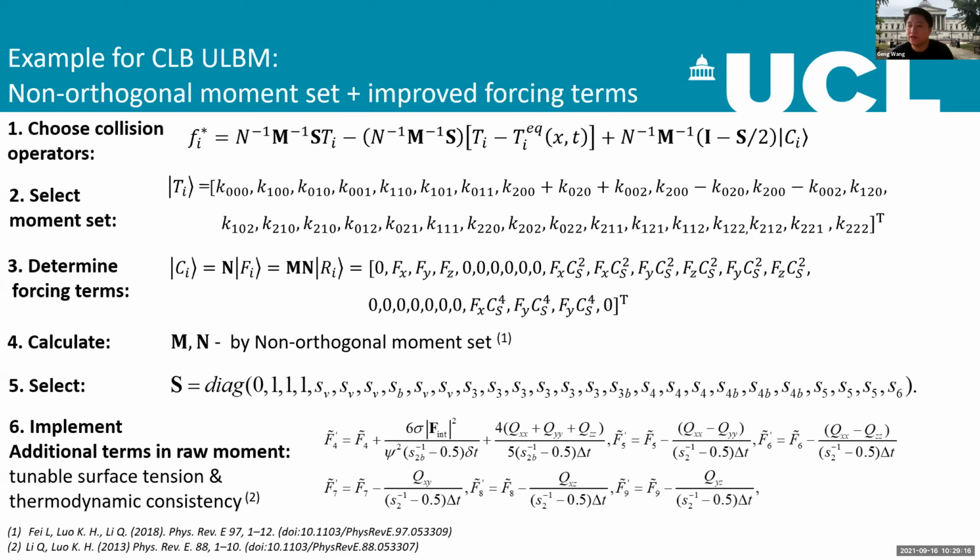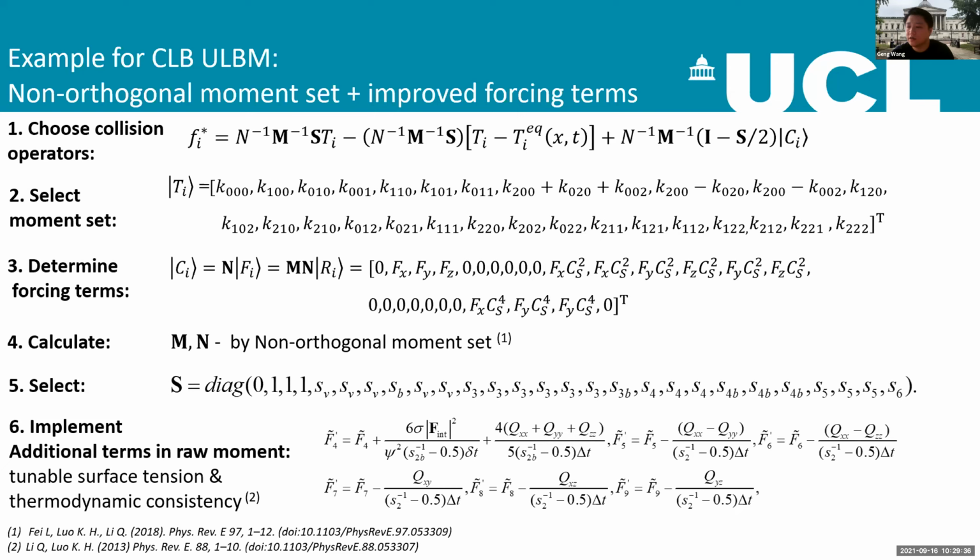Then the next step is to select your relaxation matrix. Usually, the relaxation parameters for the second order moments are related to the fluid viscosities, and all the other high order parameters can be chosen freely.